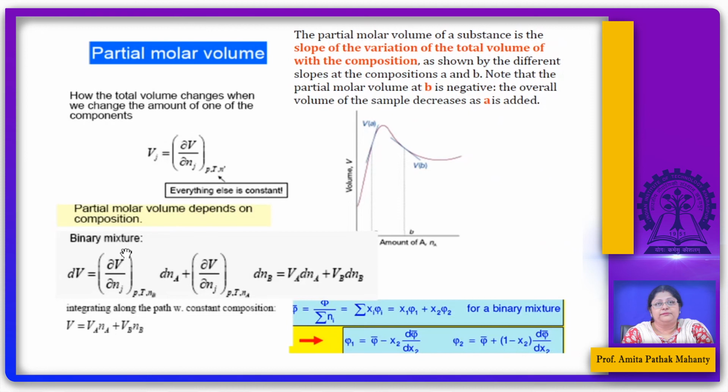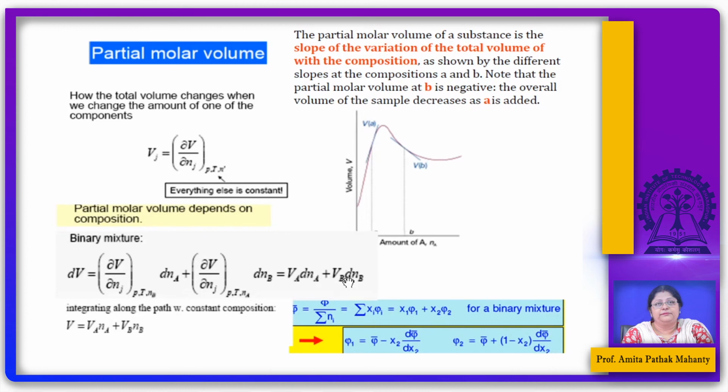So if I say this is the molar volume of species A, and this is the molar volume of species B, then whatever I have is the change in the total number of moles of A times the molar volume of A, plus the change in the number of moles of B times the molar volume of B. Okay.